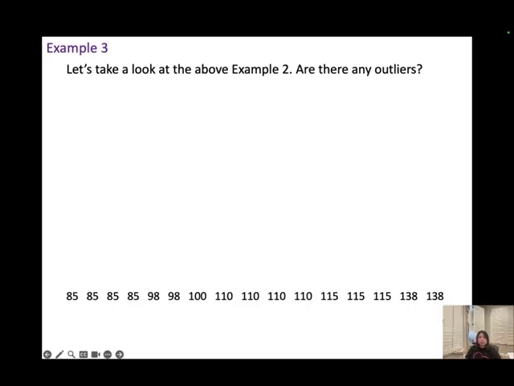Example 3. Let's look at example 2. Are there any outliers? How can we determine if there's an outlier? First, we find the IQR, which is Q3 minus Q1. So we have this, 23.5.